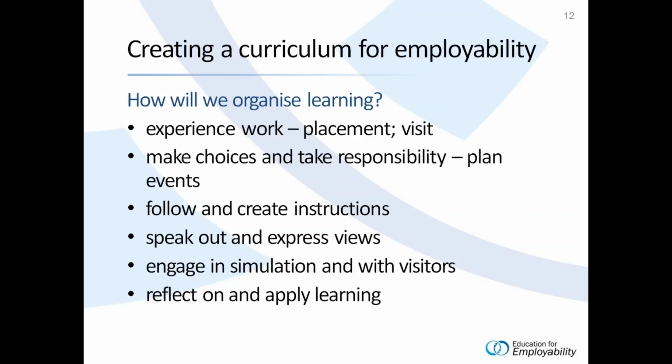Every college nowadays has a placement with experience, then visit. Make choices and take responsibility. You must make the choice for the employability. You must take the responsibility, that is plan events. Then follow and create the instructions, how we can follow them, how we can create them. Following and creating the instructions is also part of the curriculum for the employability.